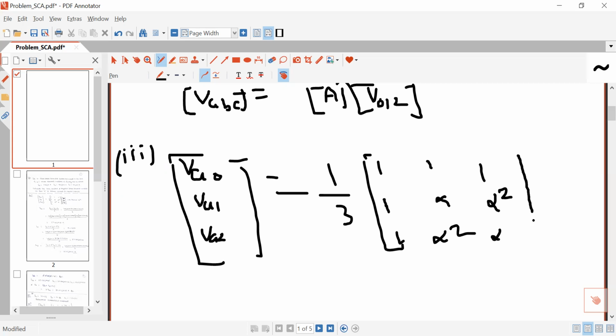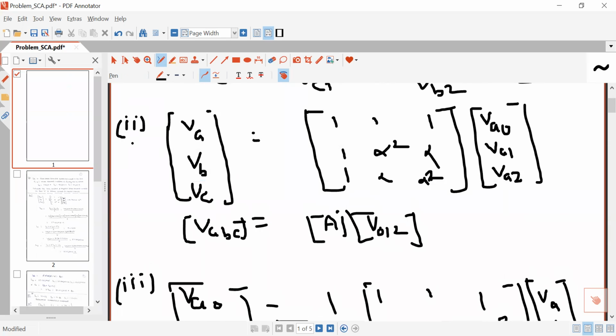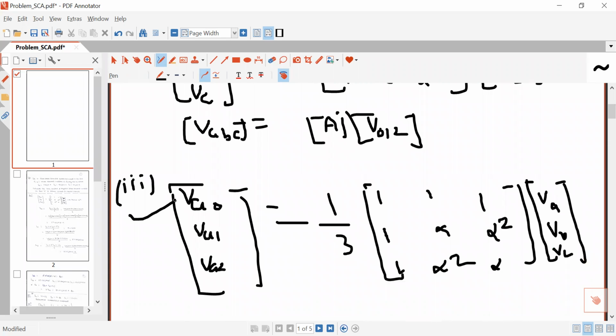You must go through the previous video where I derived these two matrices: one is called the analysis equation and the other is called the synthesis equation. The same matrix will be true for the current phasor; just replace V with I. So these two matrices are very important to solve problems based on symmetrical component analysis.